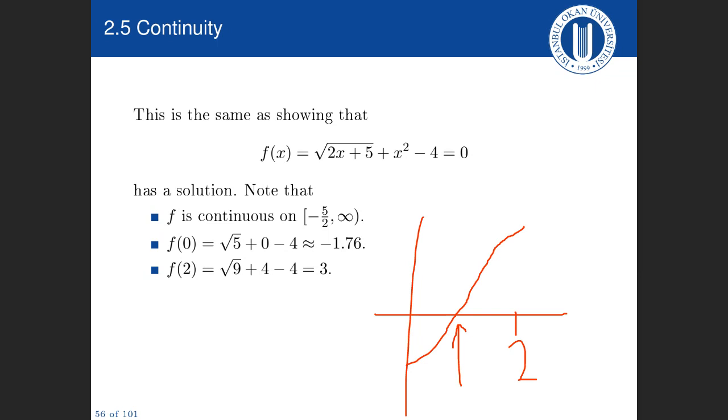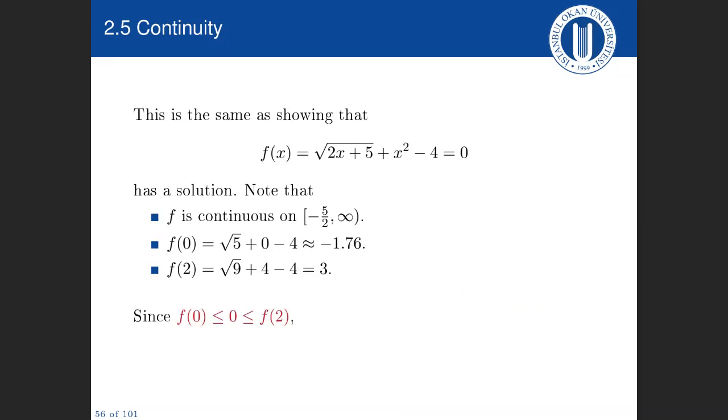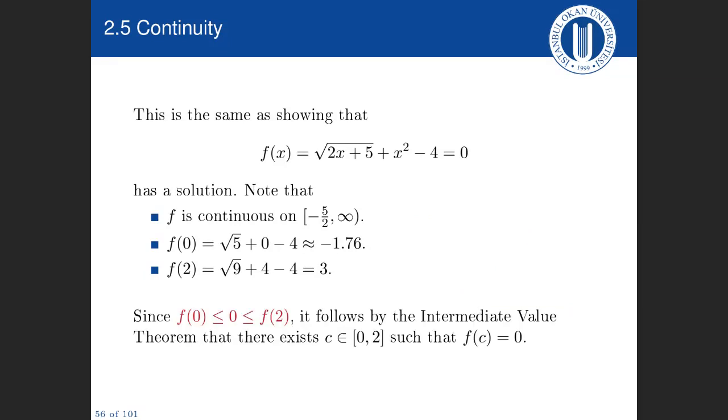There must exist a root of f of x equal to 0 somewhere between 0 and 2. And that's what the intermediate value theorem tells us. By the intermediate value theorem, there exists some c between 0 and 2 such that f of c is equal to 0.